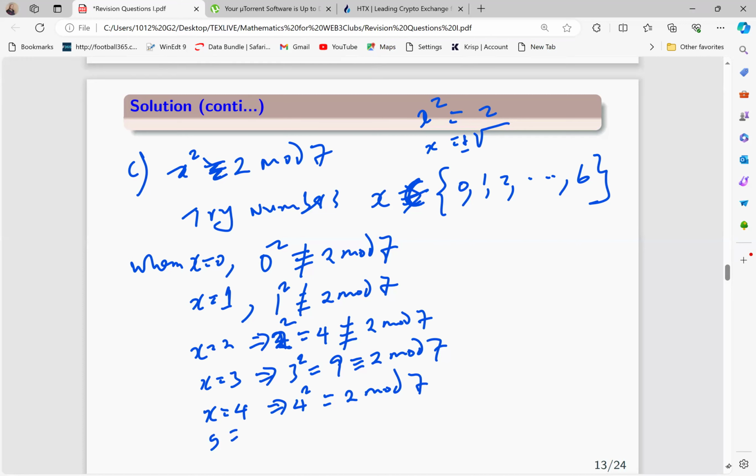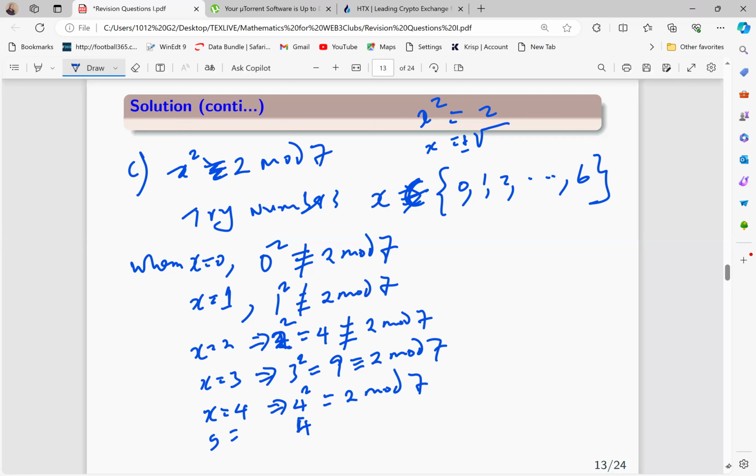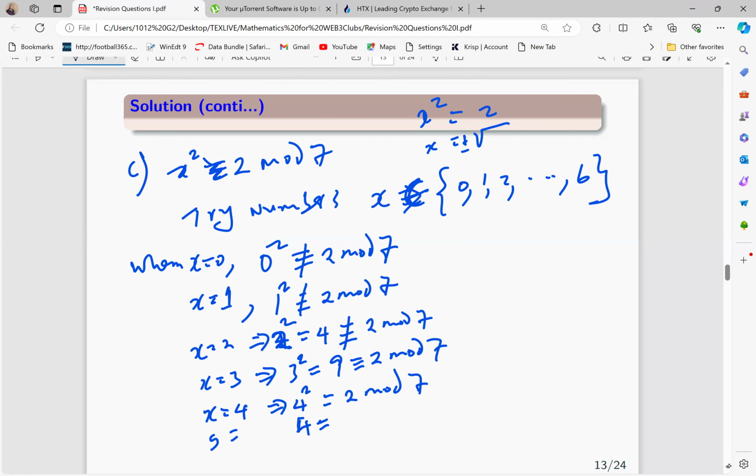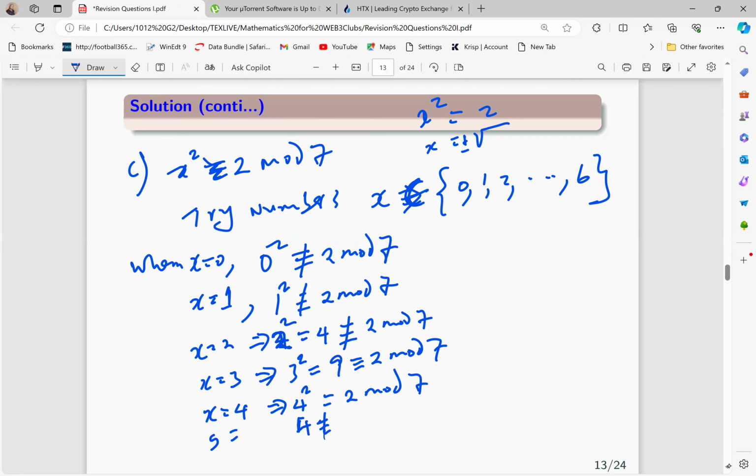5 squared is 25 mod 7. It will give us what? 4. It gives us 4, is that okay? Which is not congruent to 2 mod 7.